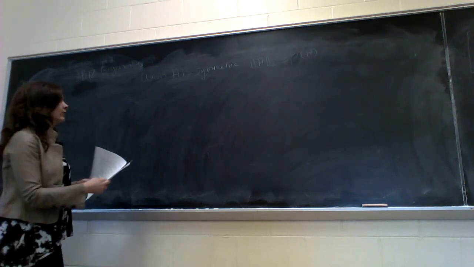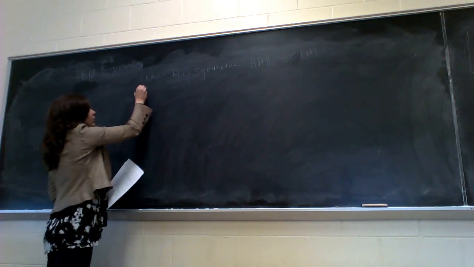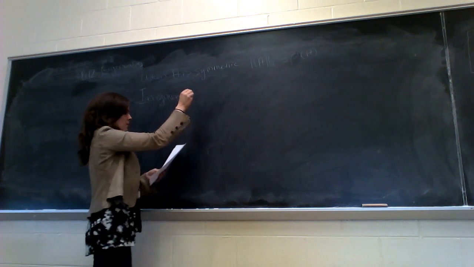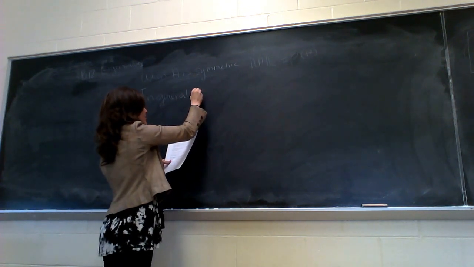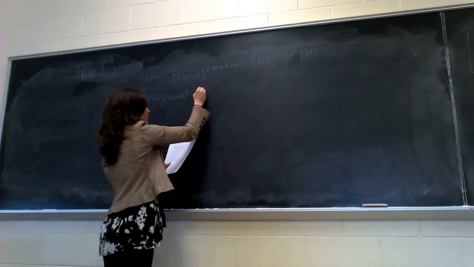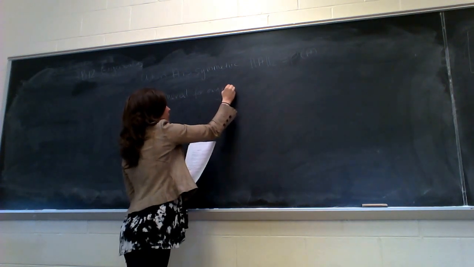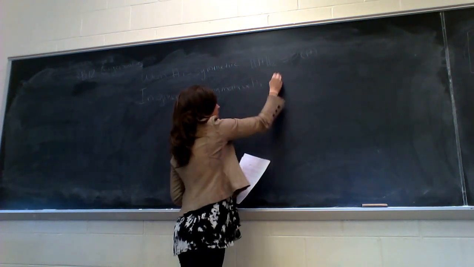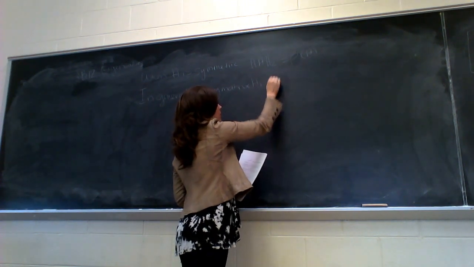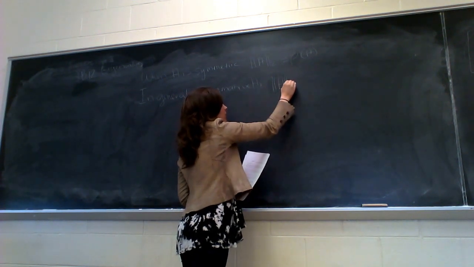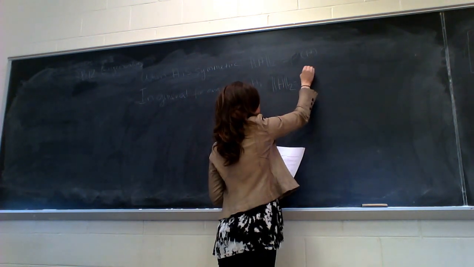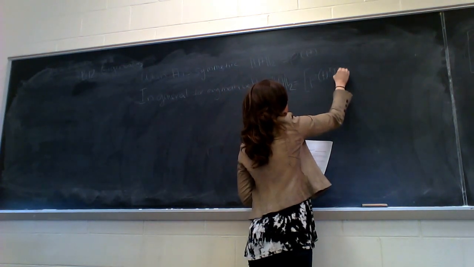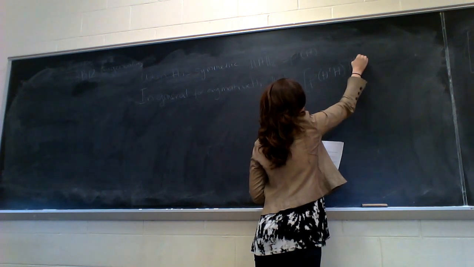But in general, if A is not symmetric, any matrix A, then we have that the 2 norm is equal to, and this is just the definition of the 2 norm in terms of the spectral radius.